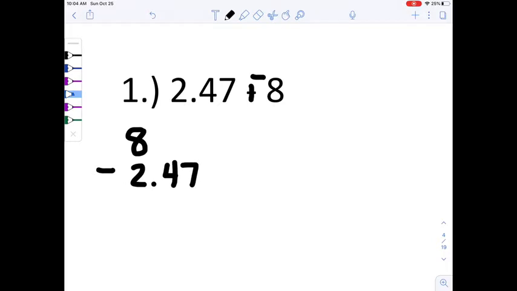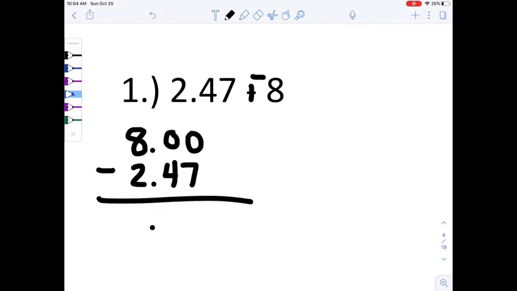So I have 8 minus 2 and 47 hundredths. And what I can do here is I can add a decimal to the 8 and add on as many zeros as I need. Because 8.0 is the same as 8.000, it's the same as 8. And now I'm going to treat this like a normal subtraction problem.